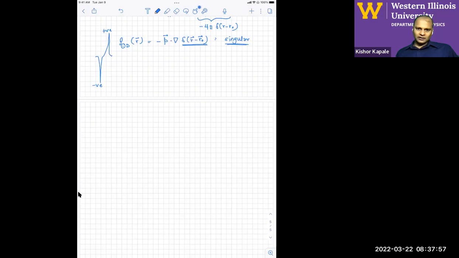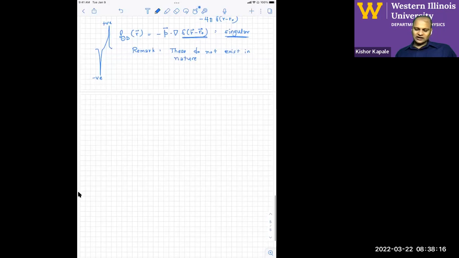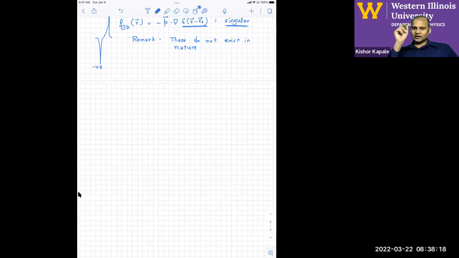So a remark here is essential. These do not exist in real life, but these idealizations are useful, right, because things are finite. Even if you take an atom, it is still finite.